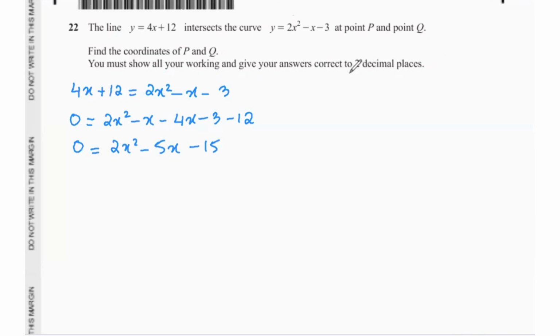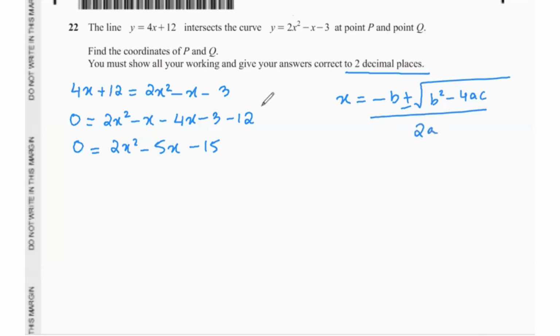Since it says the answer should be correct to 2 decimal places, that means we'll be applying the quadratic formula. The quadratic formula is x equals negative b plus minus square root of b squared minus 4ac, over 2a. a is the coefficient of x squared, b is the coefficient of x, and c is the constant.